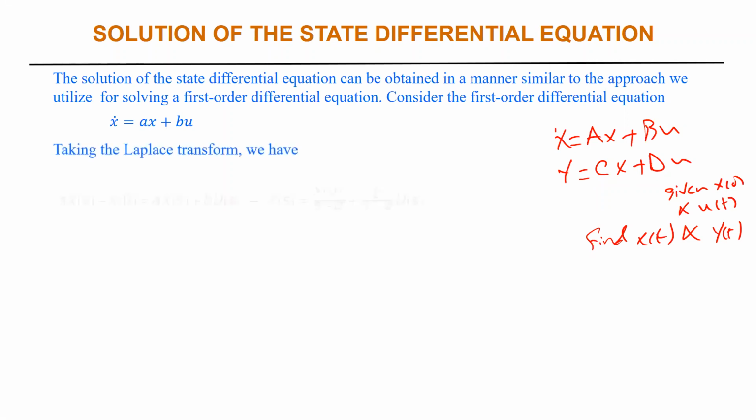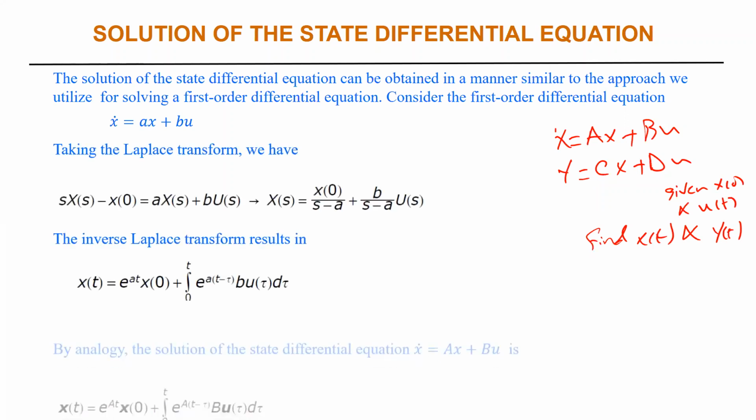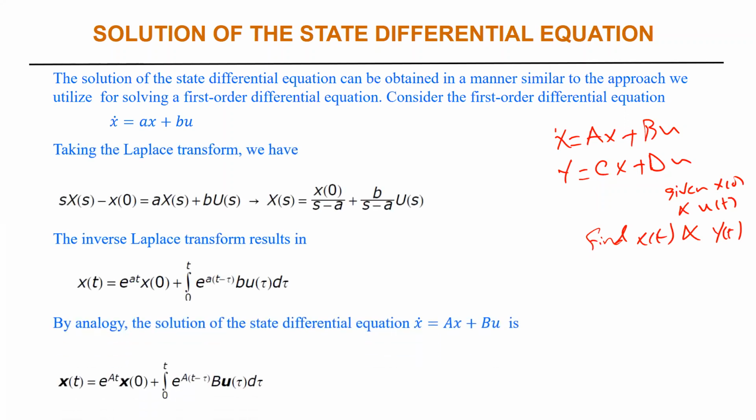And in last lecture we said the solution is given by this equation, which has the homogeneous part and the force part. Once you have x, definitely you can get y easily. What is y equal to if I have this x?